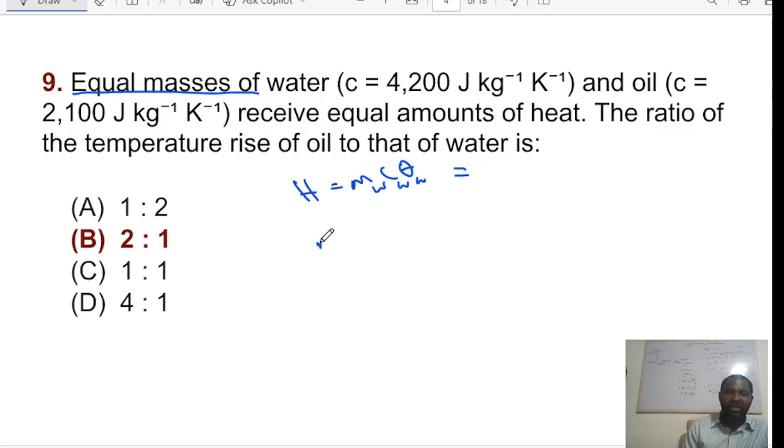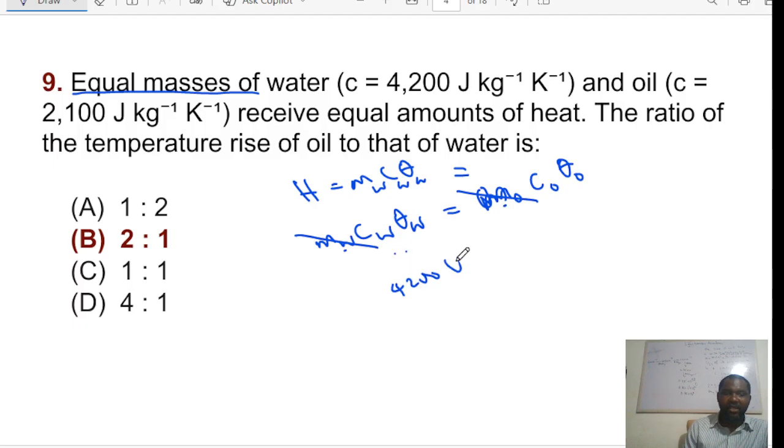So let's say mass of water, specific heat capacity of water, temperature change of water is equal to mass of oil, specific heat capacity of oil, and the temperature change of oil. Very important. Since the mass is the same, equal masses, this can cancel this out, right? They are the same thing. You can divide both sides by that. Then the specific heat capacity of water is 4,200 times the temperature change of water, which we don't know. Specific heat capacity of oil is 2,100 times the temperature change of oil, theta O, which we don't know.